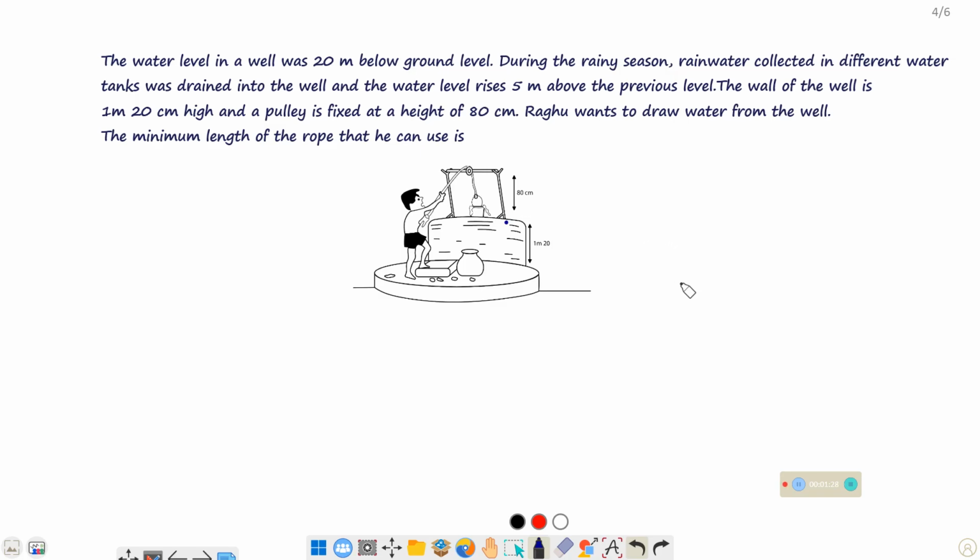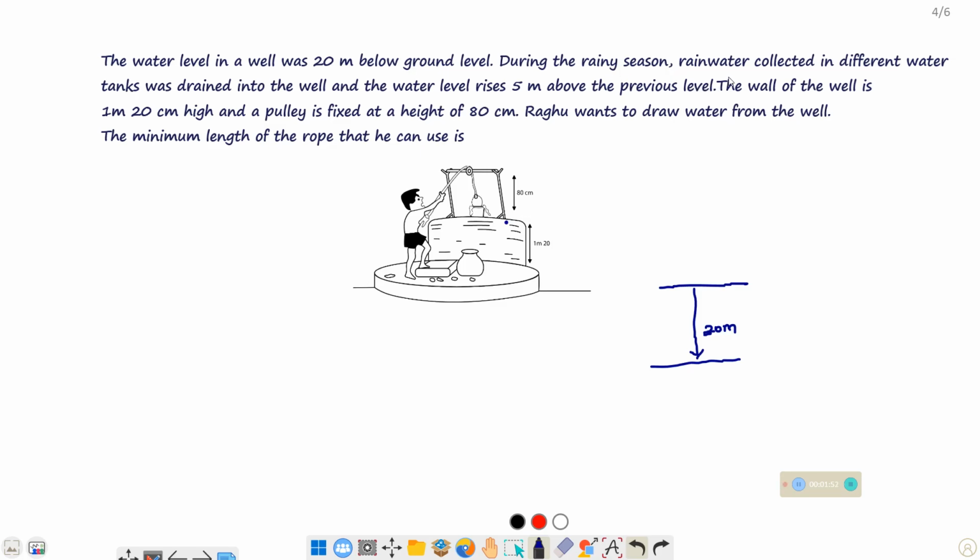So let's assume this is the ground level. Now they are saying the water level in the well was 20 meters below ground level. So it was 20 meters. That means the water level will be over here. It is 20 meters below the ground level.